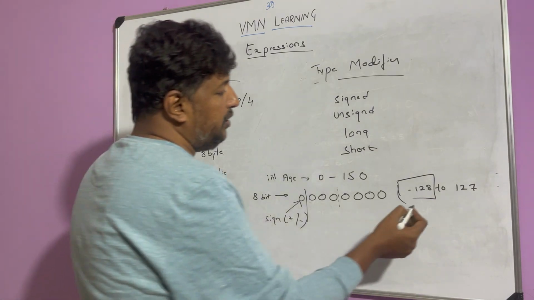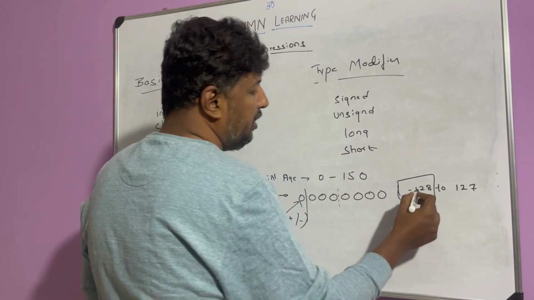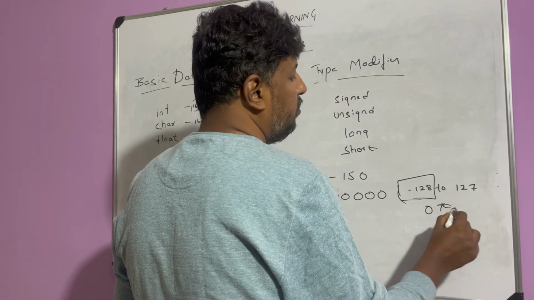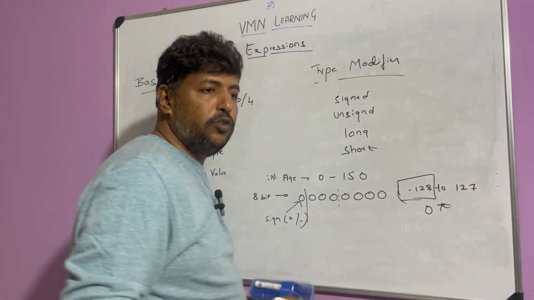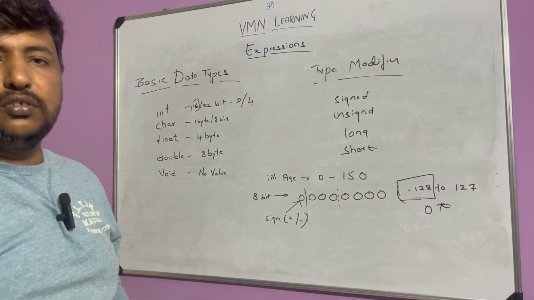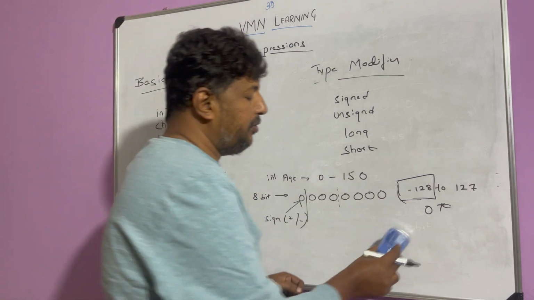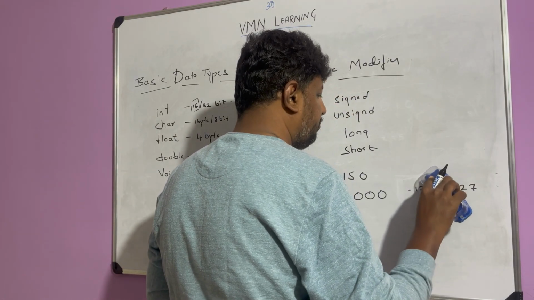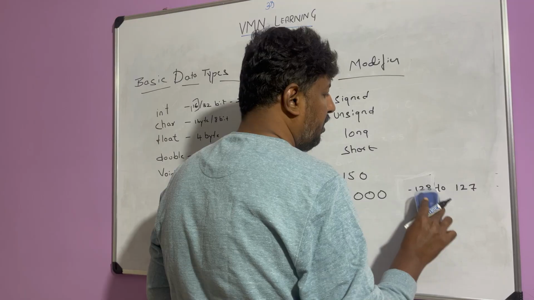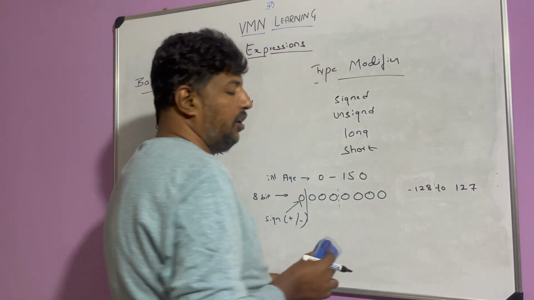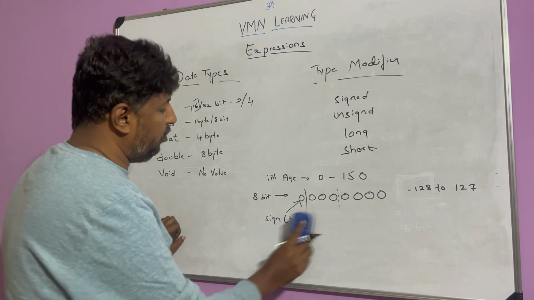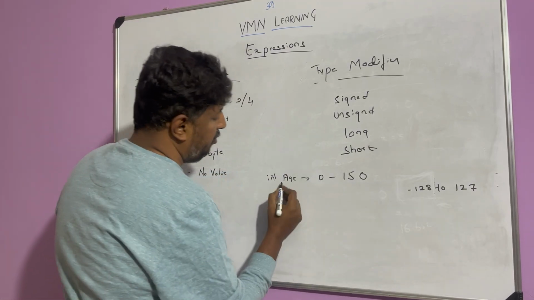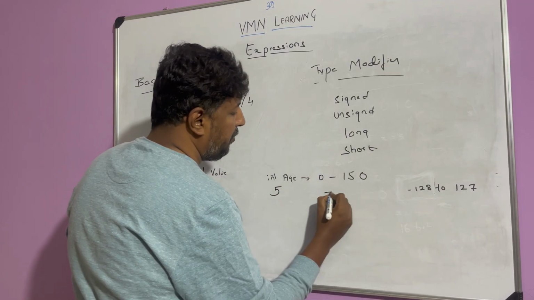So what we can do is say we don't want negative values, and start from 0 up to the value. How can we tell that? To understand this, we have to understand how negative values are stored. So consider an example: 5 and minus 5.